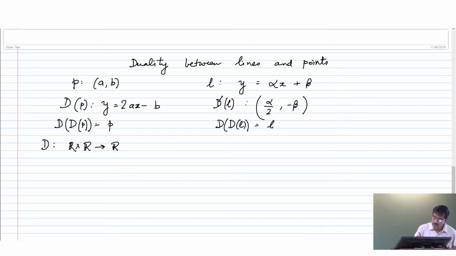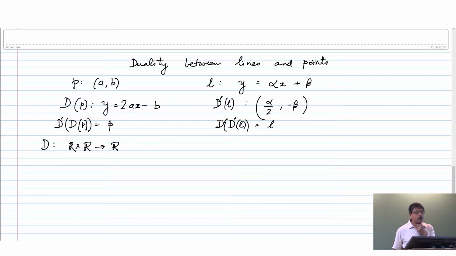Let me use a prime, just to keep it separate. Yes, then I have to change this: I have to say D prime of D of P, and you're right. I have to clean up my notation there. This is notational convention, so that's why I didn't want to use two different notations. So this is the point to line transformation.